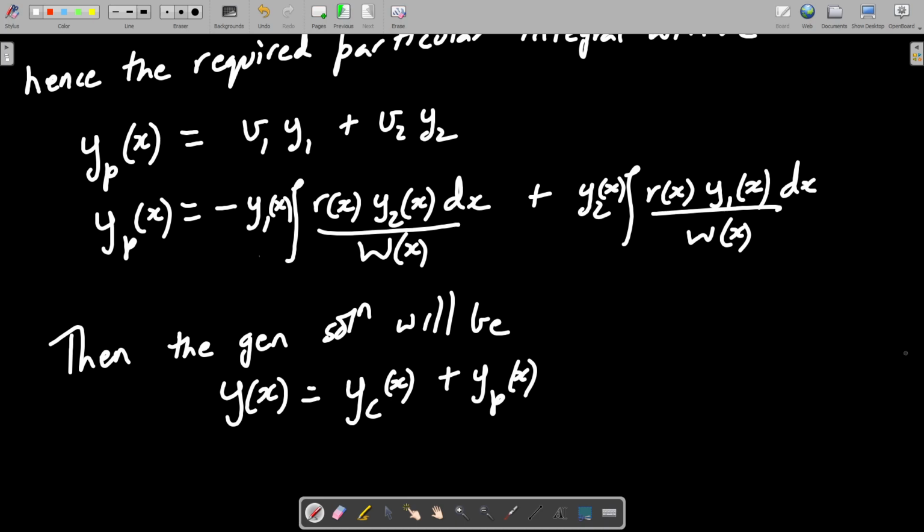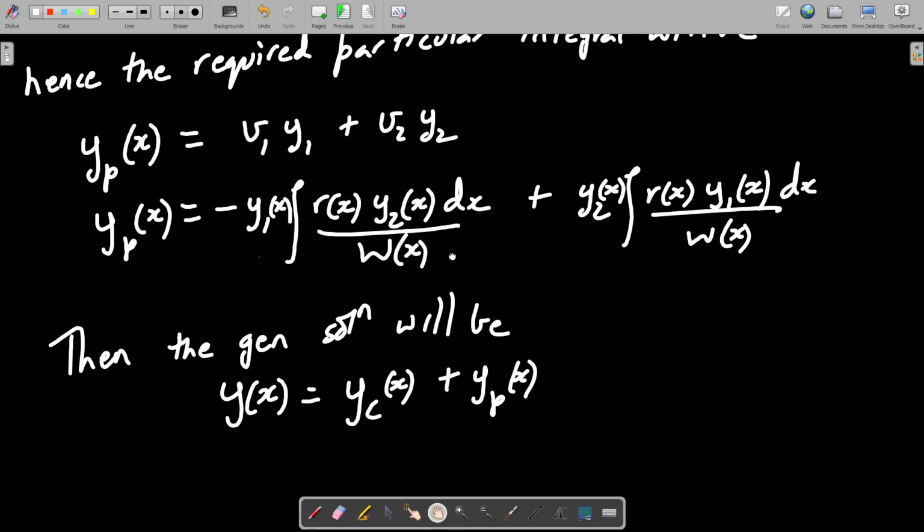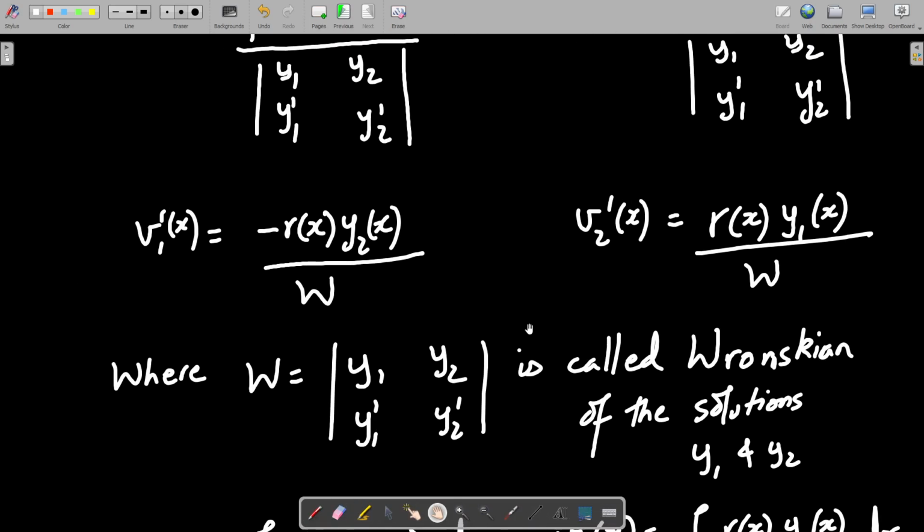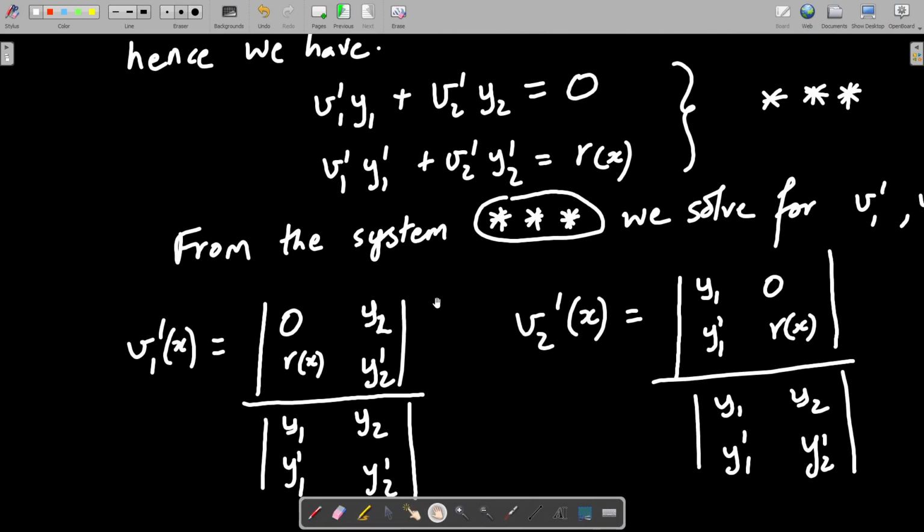Either you'll learn by heart this formula for v1 and v2, or you can manually solve the problem every time using Cramer's rule on this set of equations. If you can't remember Cramer's rule, then solve it by any other method.